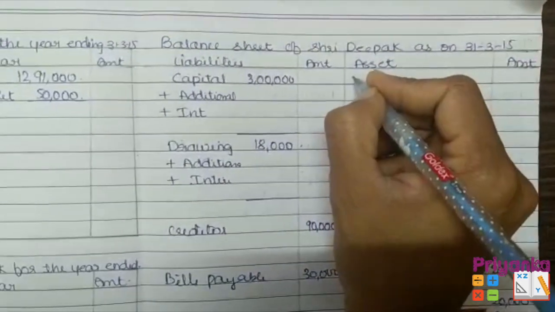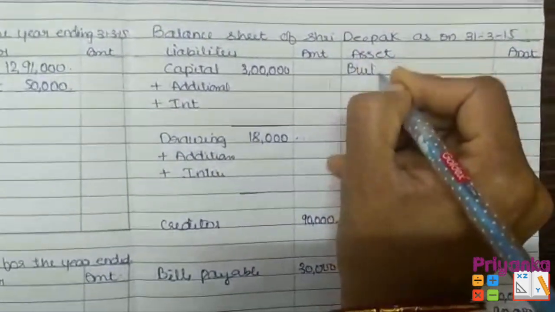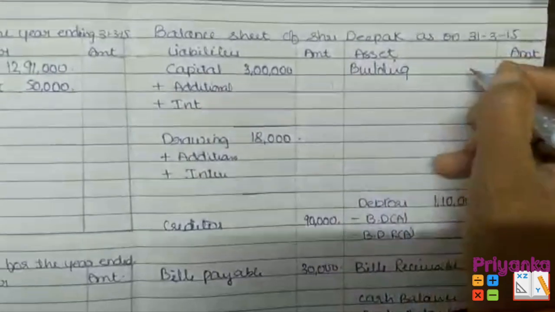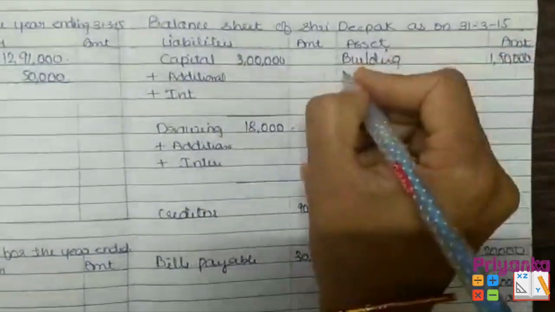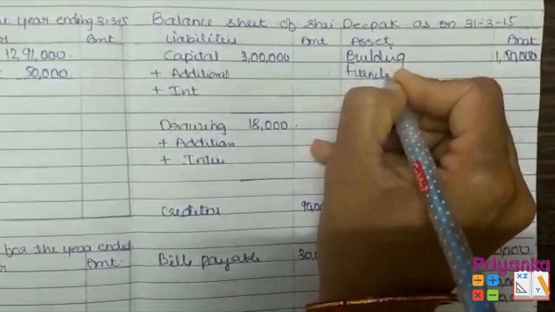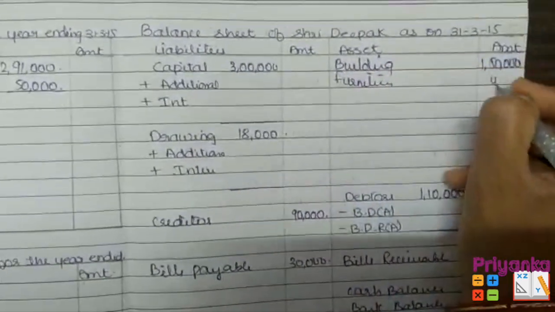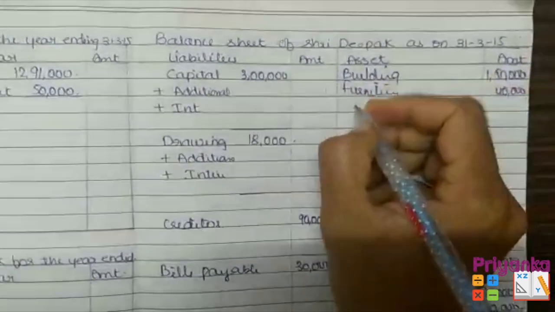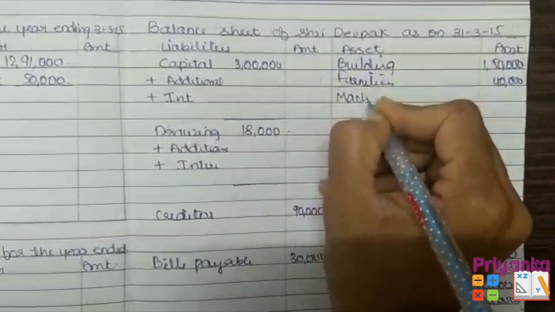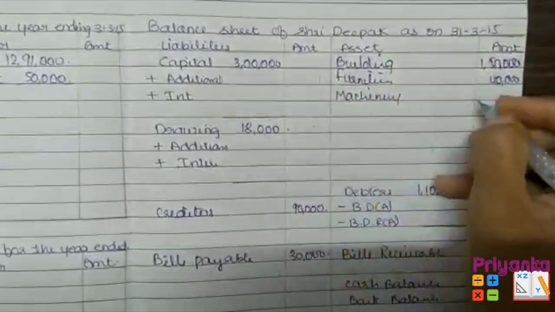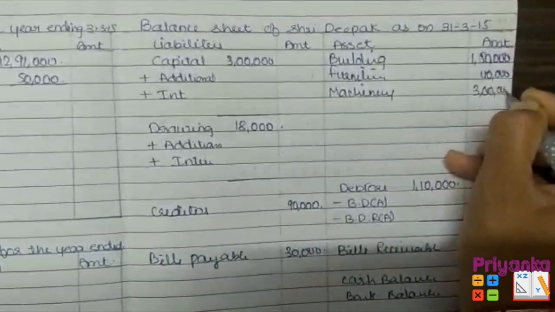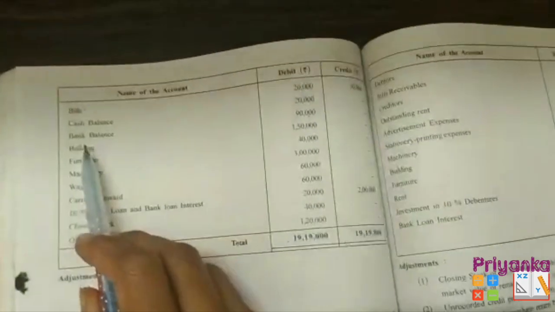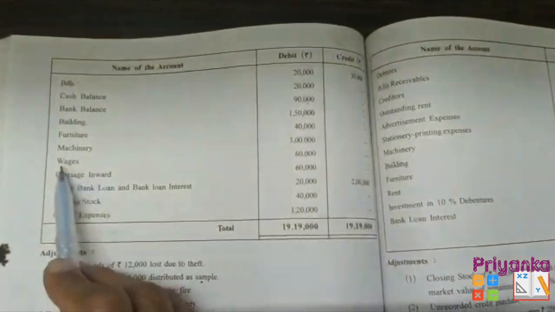We'll write from the beginning. Building, that is 1,50,000. Furniture, that is 40,000. Machinery, 3 lakh. So here I finish building, furniture and machinery.